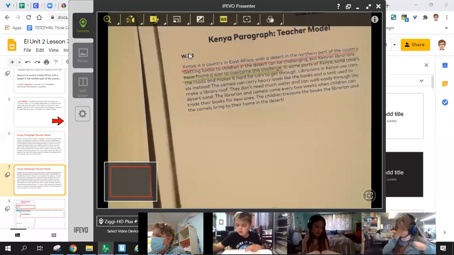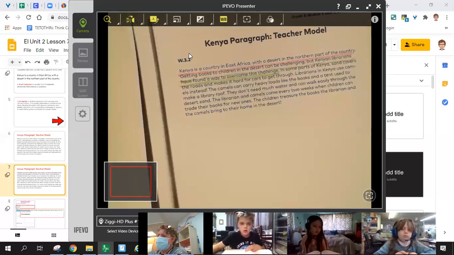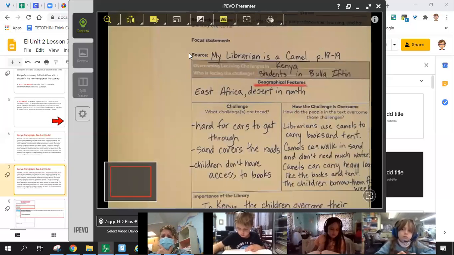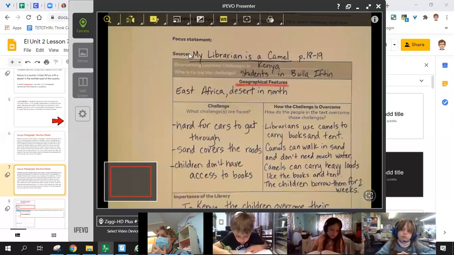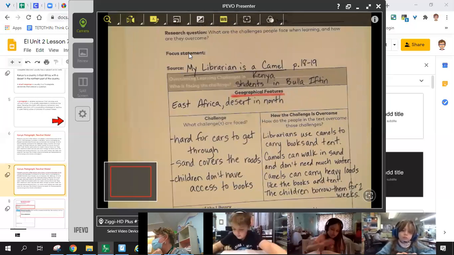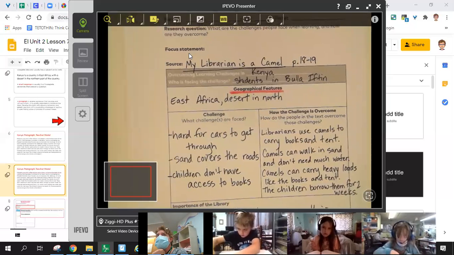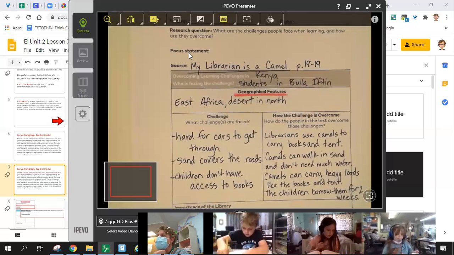So where might we find that on here? Look at your page here. I'll give you a hint. It's blank at the moment. Where on here does it say focus statement? Where do you see focus statement? Paxton?